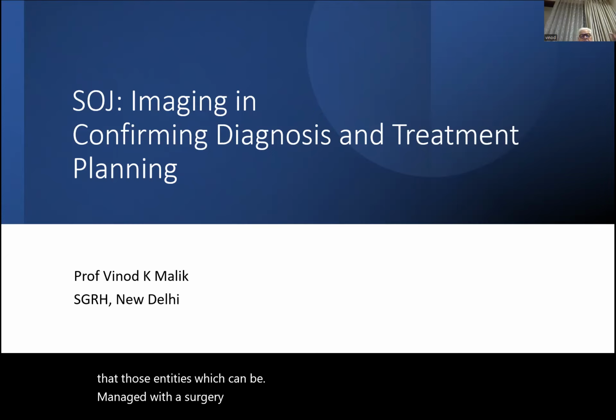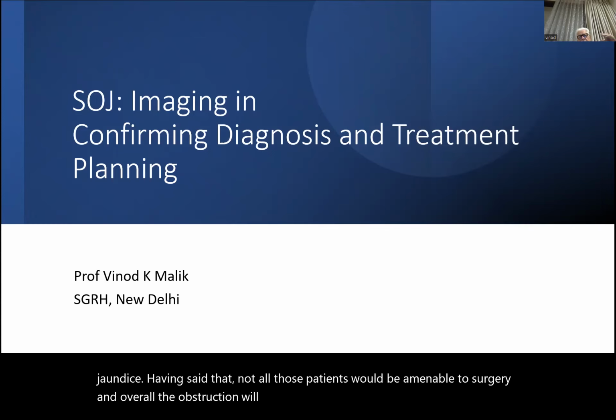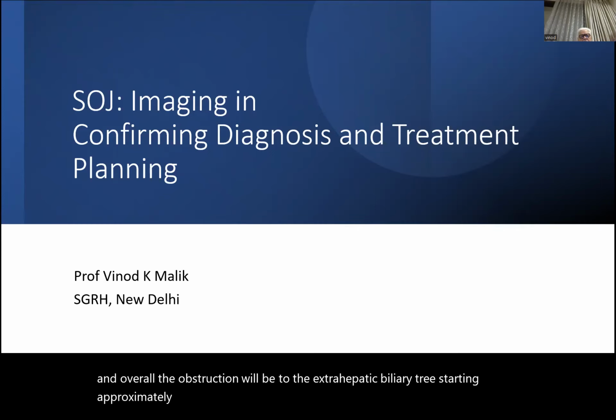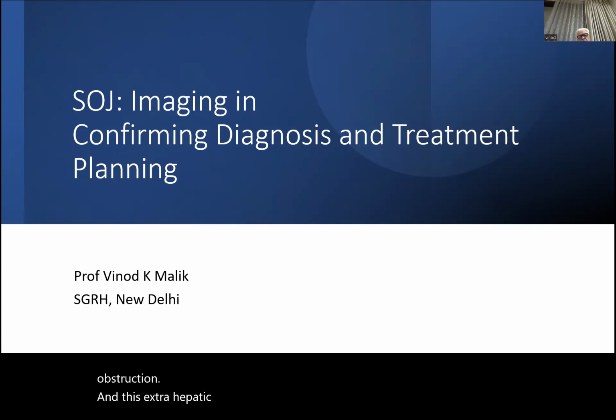Having said that, not all the patients would be amenable to surgery, and overall, the obstruction will be to the extrahepatic biliary tree, starting proximally at the hilum and distally all the way up to the ampulla of Vater. So if there's an obstruction in this line, there is extrahepatic bile duct obstruction, and this lends itself to surgical management.